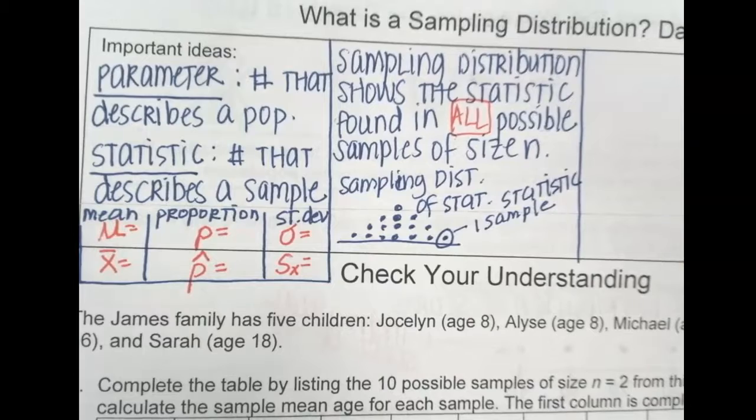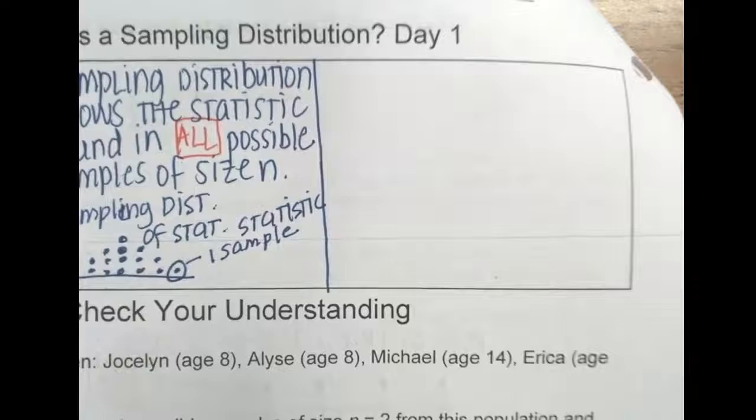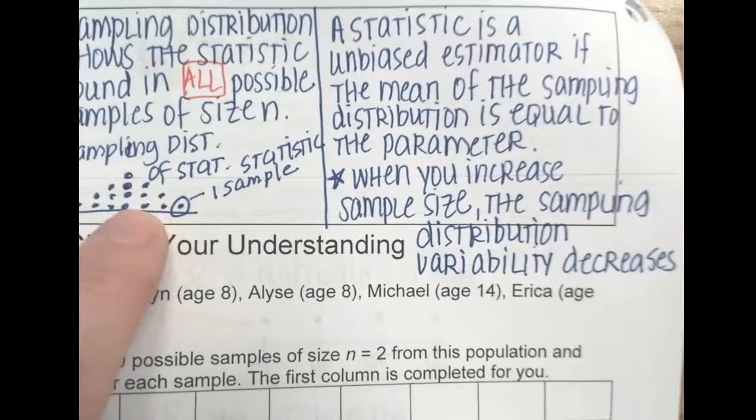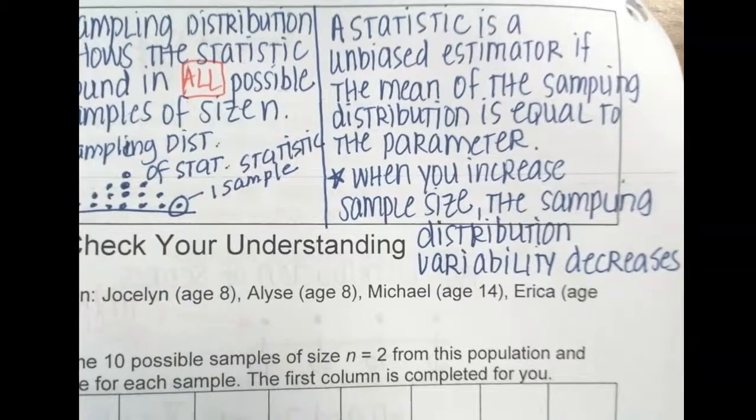And then the last thing that I wanted to remind you of: we can say a statistic is an unbiased estimator if the mean of the sampling distribution, if we take a bunch of samples and graph those, is equal to that of the parameter.